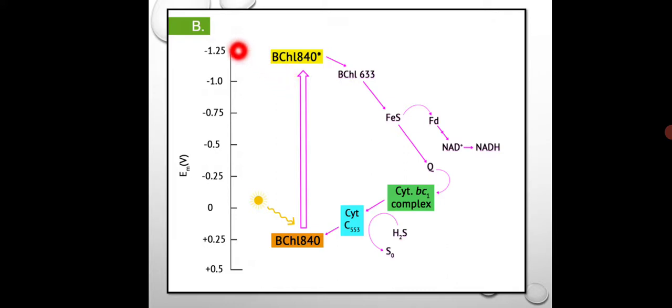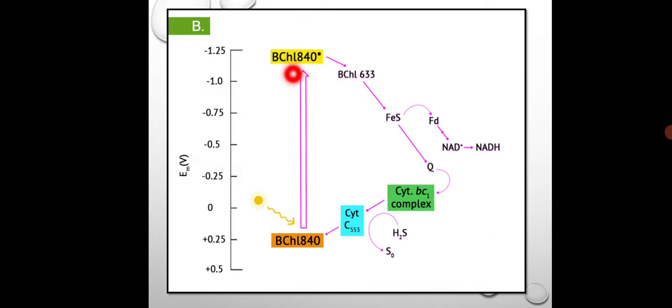Okay, and this scale, that is the reduction potential scale, is the same for all the anoxygenic mechanisms. So it reaches the bacteriochlorophyll 840 in the excited state.